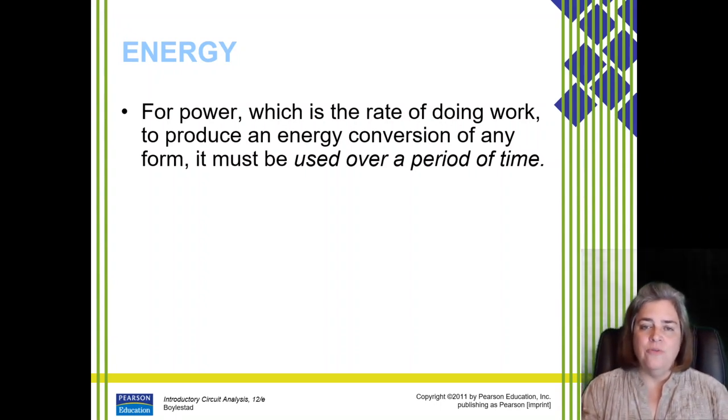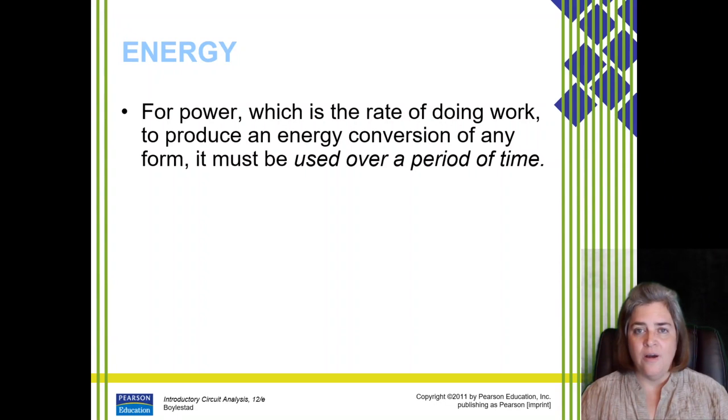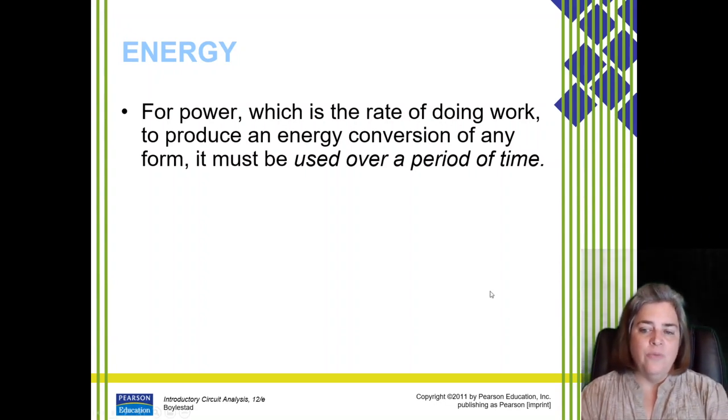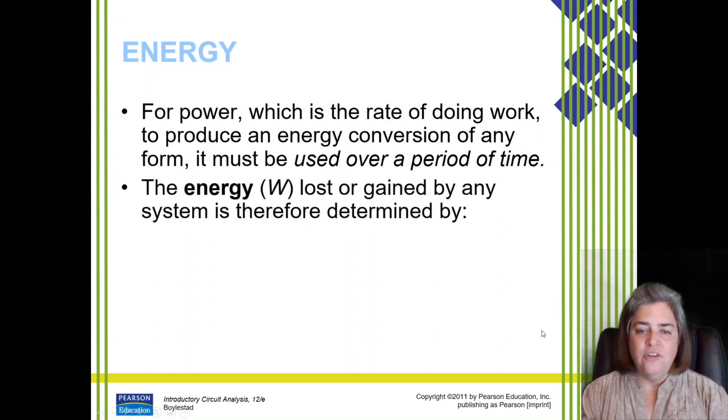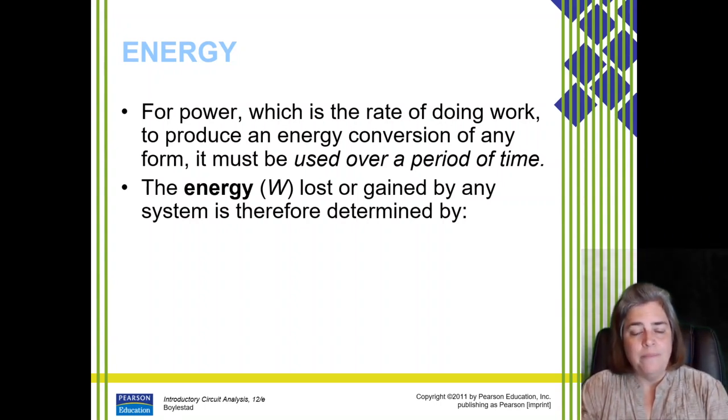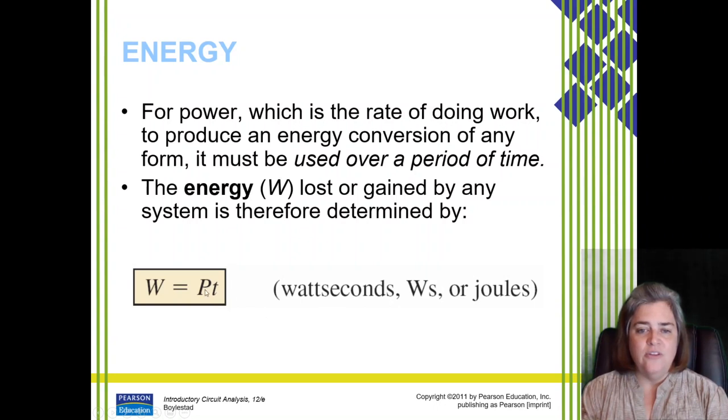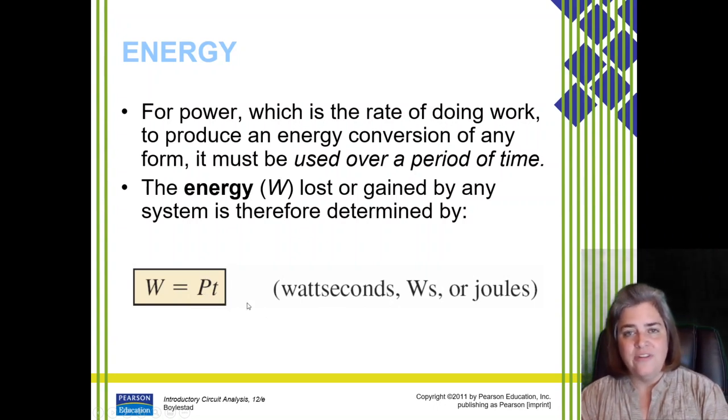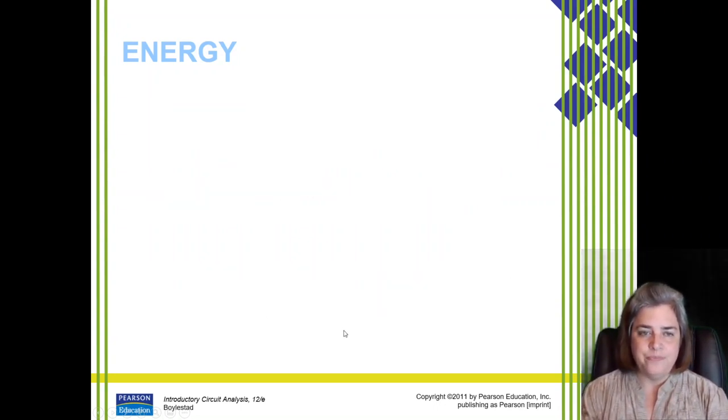So you're not just billed for turning on your clothes dryer. You're billed for turning on the clothes dryer and running it for an hour. So when you get your bill, you're actually billed in kilowatt hours, which is power times time. So the energy lost or gained by any system is determined by the power times the time, like I just told you.